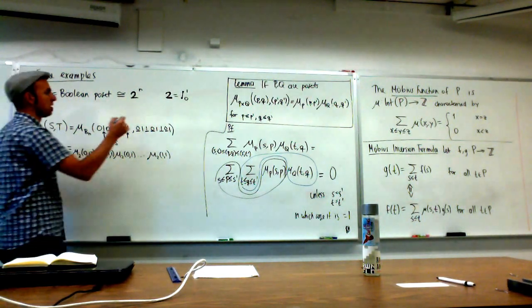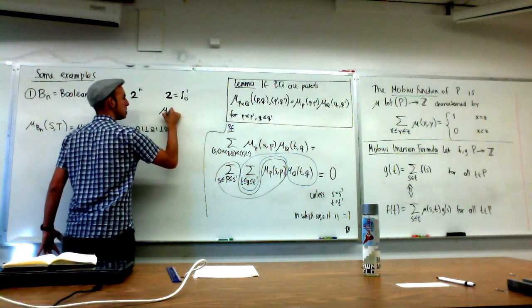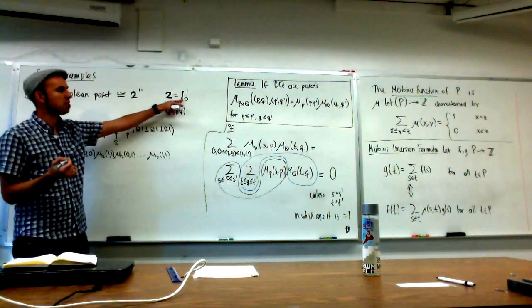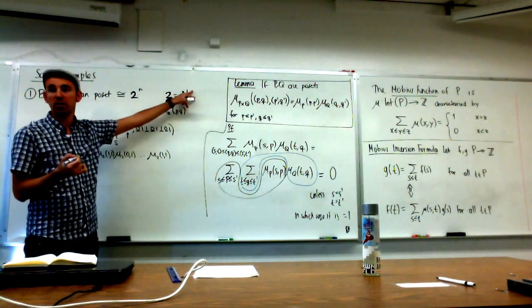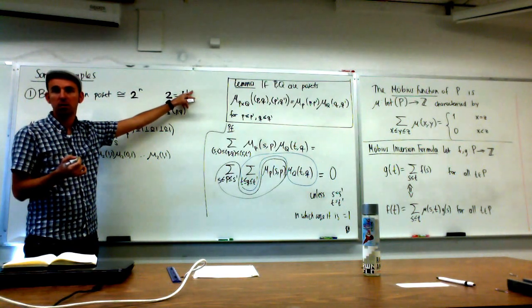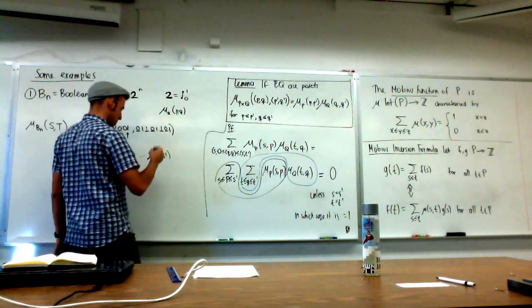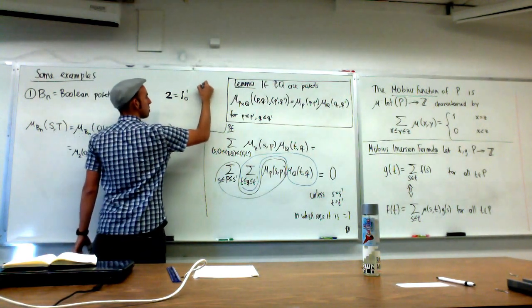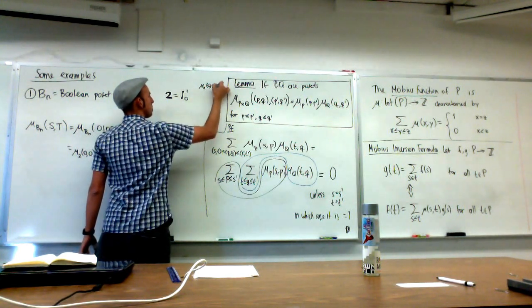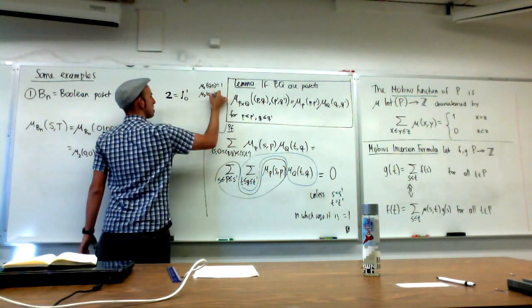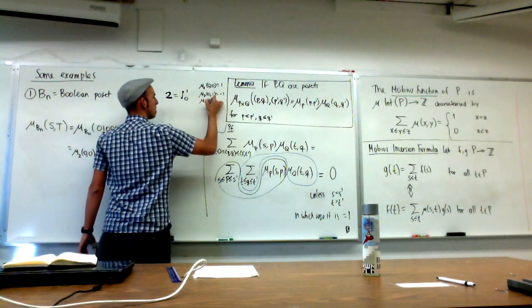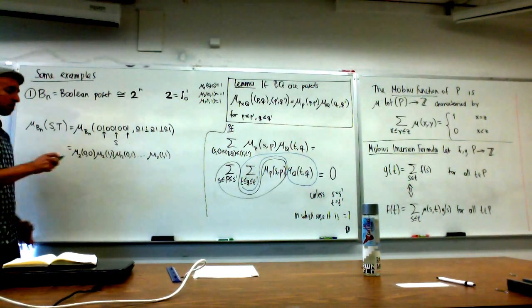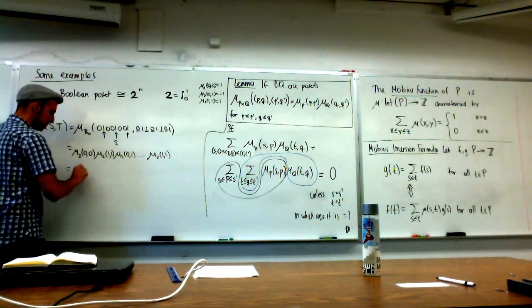And what are these things? Well, what is mu in the 2 poset of p, q? Mu of 0, 0 is 1. Mu of 0, 1 is -1. And mu of 1, 1 is 1. So this is just a product of 1s and -1s, right? How many -1s do I have?